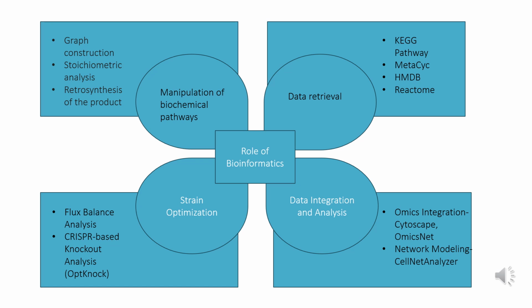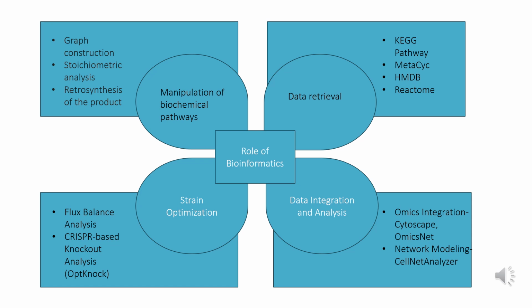Here we can see the role of bioinformatics, and one of the first roles is manipulation of biochemical pathways. It involves the construction of graphs that describe the substrate enzyme product transformation. Another one is stoichiometric analysis of substrate product transformation.